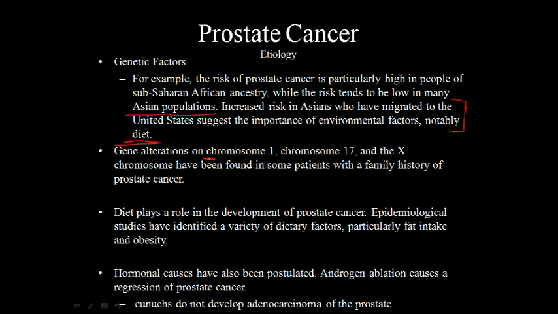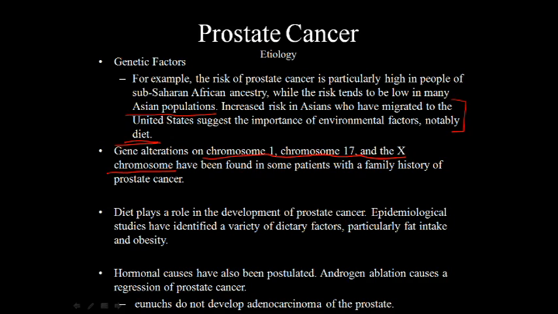People have assumed that there is an alteration on chromosome 1 and chromosome 17, and even the X chromosome have all been found to increase the risk of prostate cancer and to be transmitted among patients with a family history of prostate cancer. We also see that diet plays a role in the development of prostate cancer.